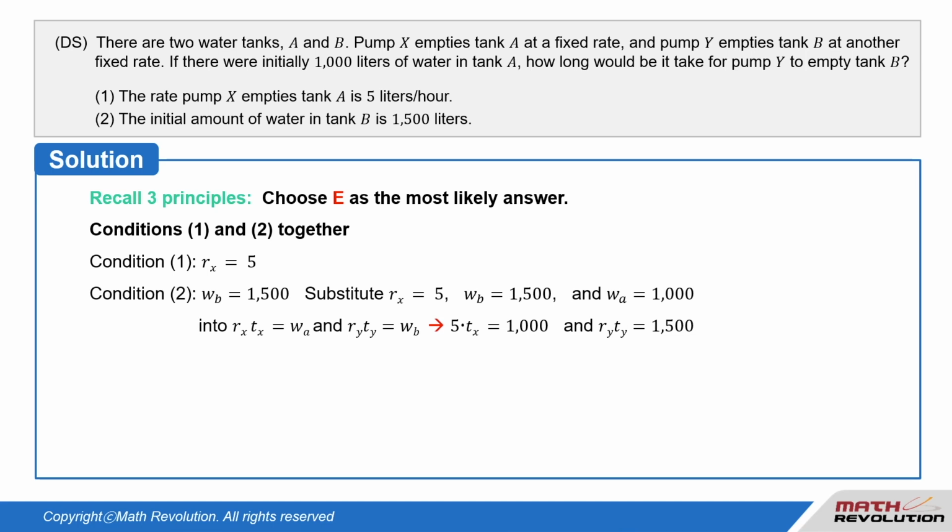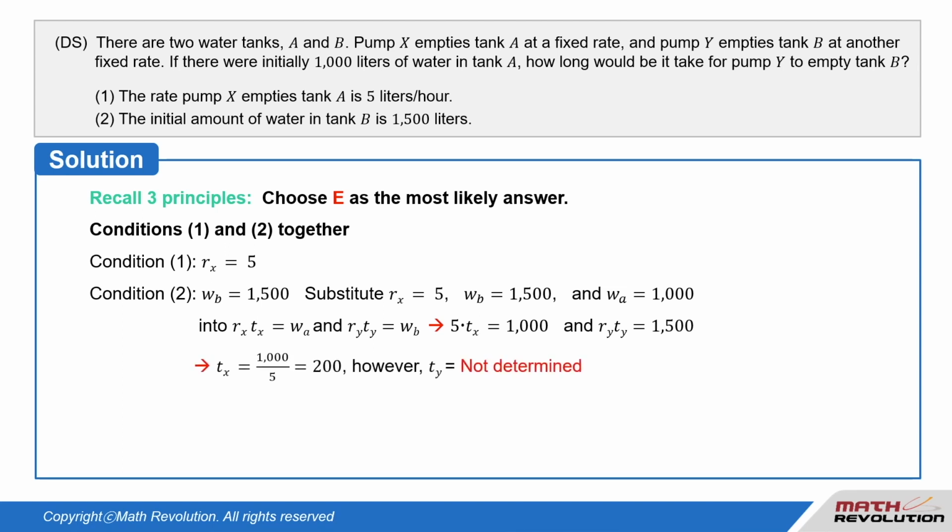And we substitute Rx equals 5, Wb equals 1,500, and Wa equals 1,000 into Rx times Tx equals Wa, and Ry times Ty equals Wb. Then we get 5 times Tx equals 1,000, and Ry times Ty equals 1,500.